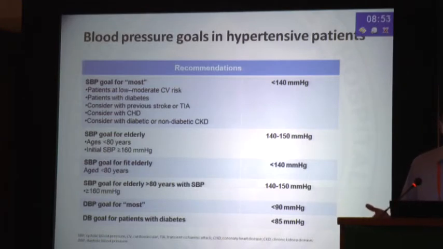Patients who are at low moderate risk, patients with diabetes, patients with previous stroke, and in the elderly, the goal would be somewhere between 140 to 150. And patients who are fit elderly, age less than 80, my goal would be less than 140. The diastolic BP goal for most would be less than 90.